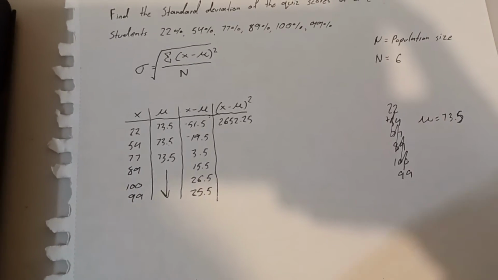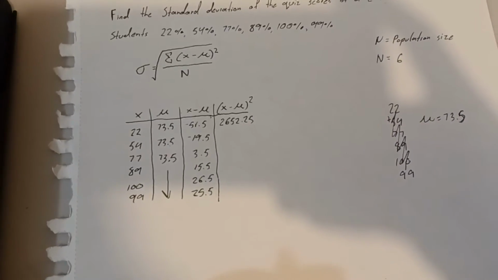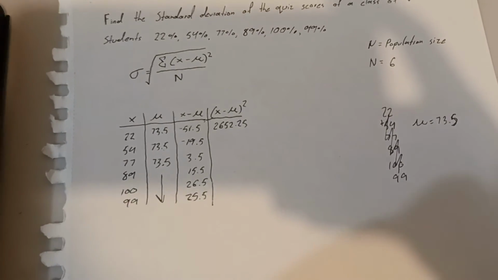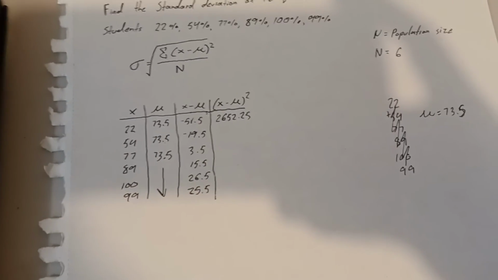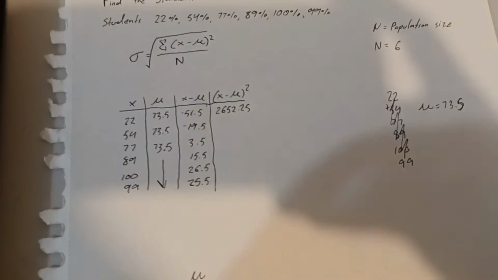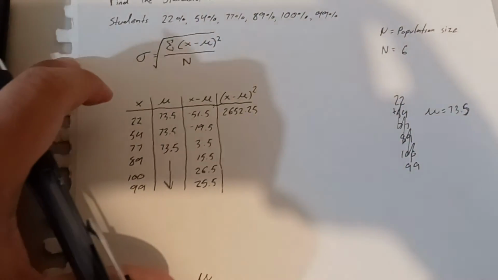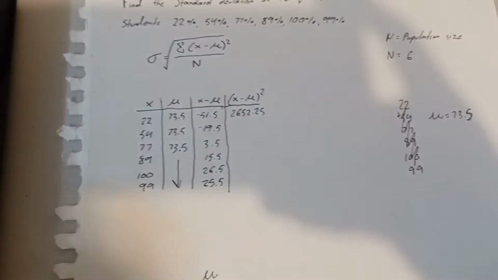I also forgot to mention that after doing the entire calculation, standard deviation cannot be negative. If you got a negative number, it's not correct. So just keep in mind that standard deviation sigma cannot be negative.